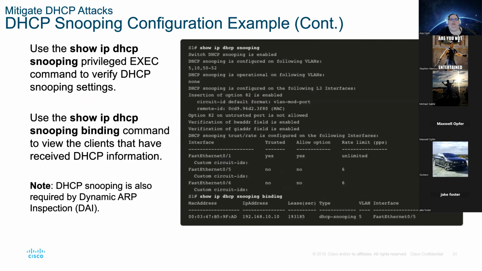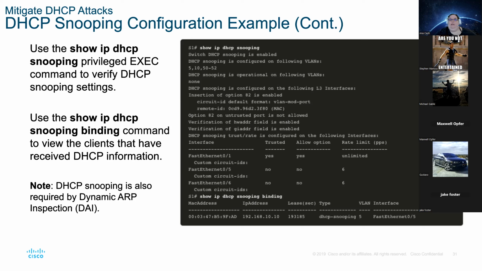For more snooping configuration, use the show ip dhcp snooping privileged exec command, and that verifies your DHCP snooping settings. And then use the show ip dhcp snooping binding command to view the clients that have received DHCP information. The note on there is DHCP snooping is also required by dynamic ARP inspection.